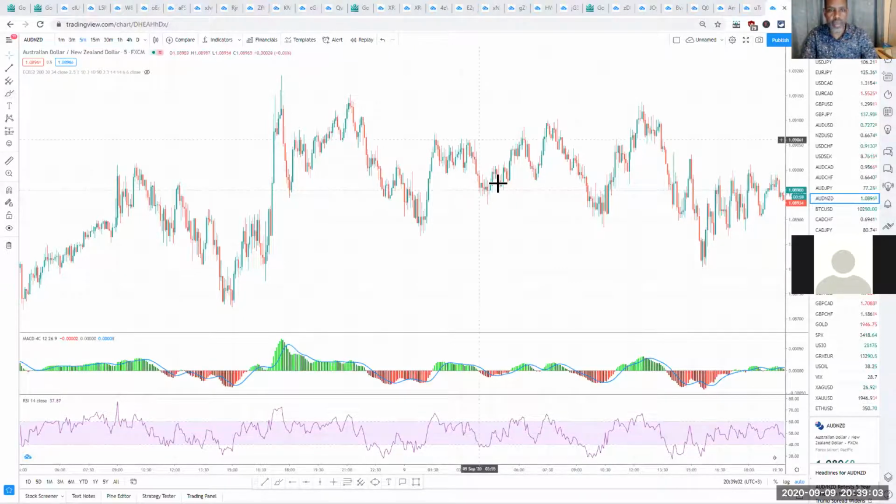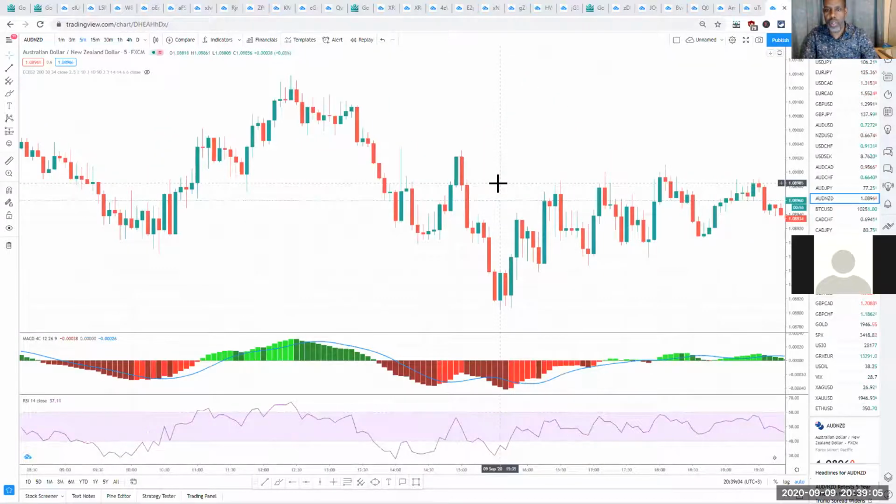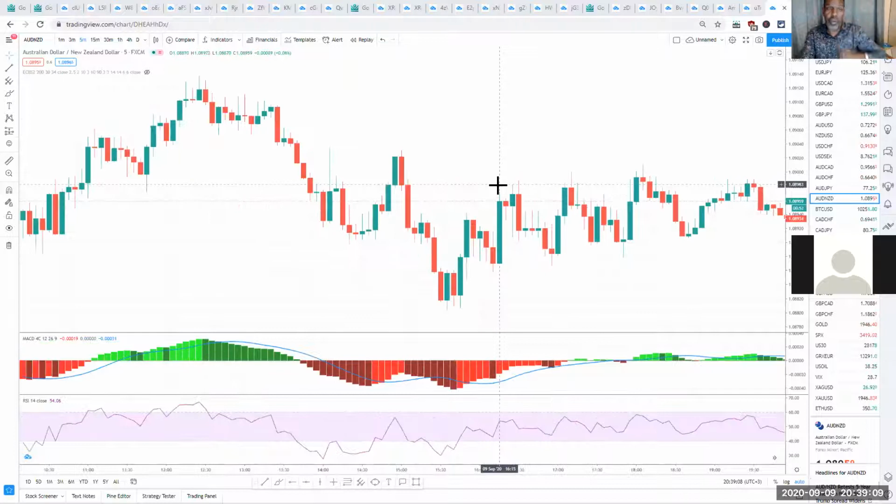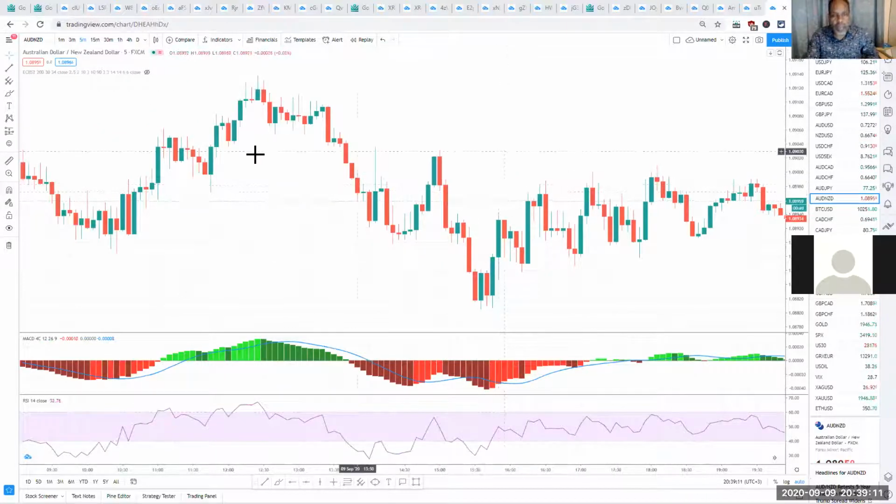Let me just blow it up a little so that you can see the charts properly. Okay, so this is a 5-minute chart, meaning that each one of these candles is 5 minutes. It takes 5 minutes for this candle to form.